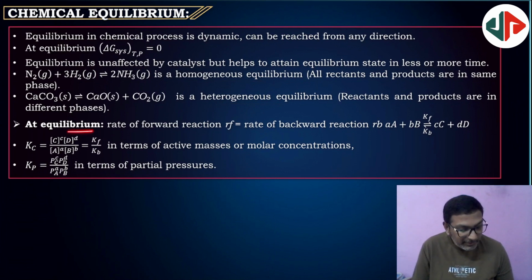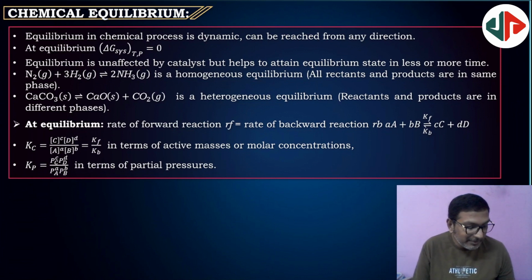Next, at equilibrium, the rate of forward reaction is equal to the rate of backward reaction. For this equilibrium we can write Kc, the equilibrium constant in terms of concentrations. Kp is the equilibrium constant in terms of partial pressures.